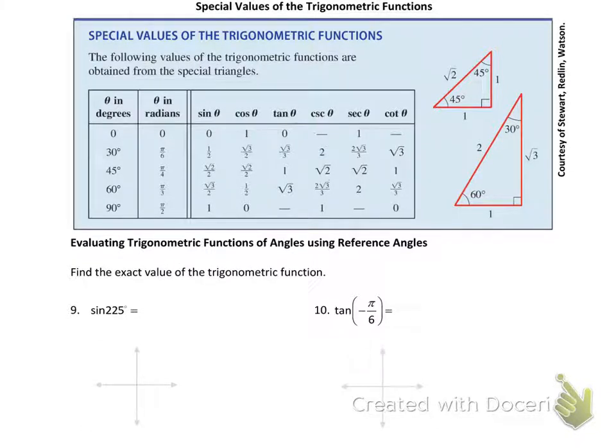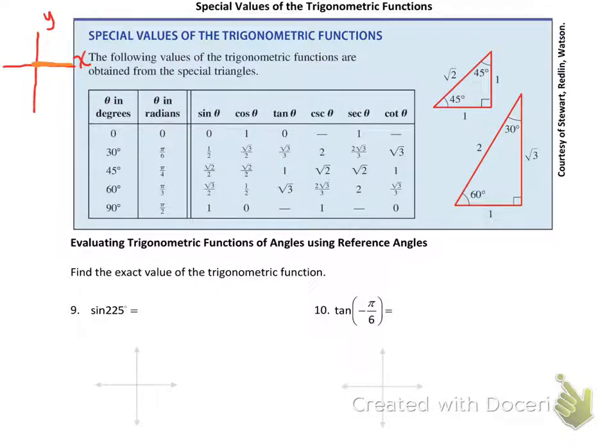quadrantal angles. So if we have our axes right here, and this is our y-axis, and this is our x. If I have a value of 0 degrees, that's right here. Okay?